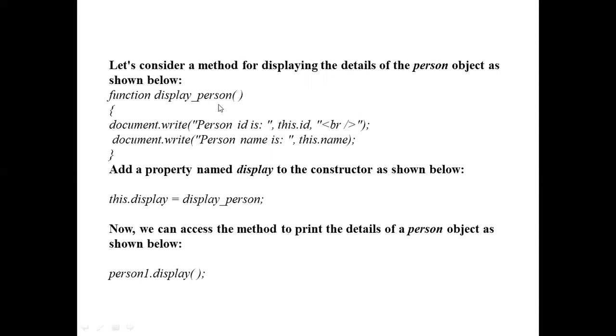So display_person is the method. The function display_person is the method.